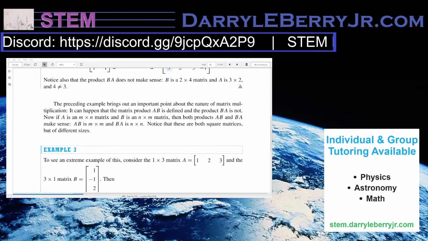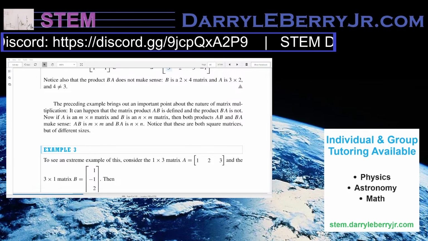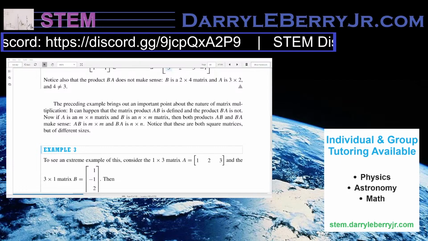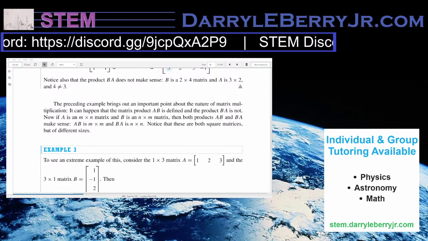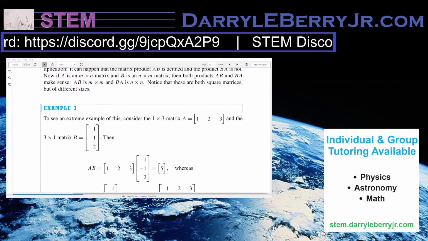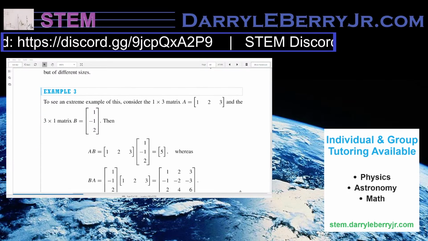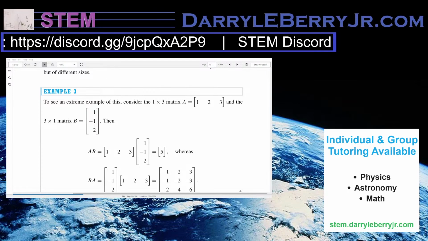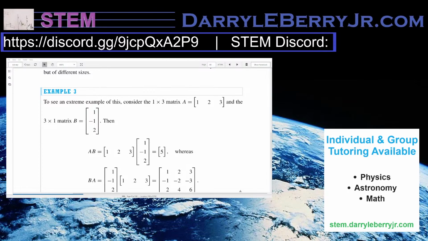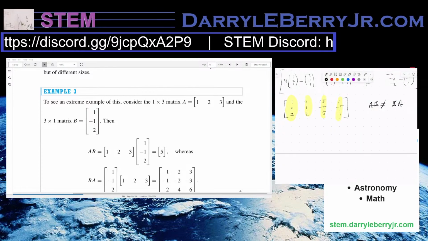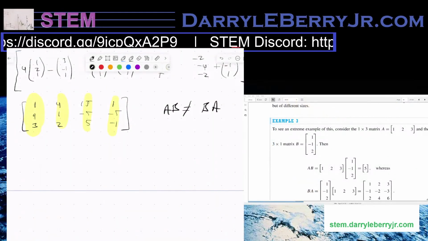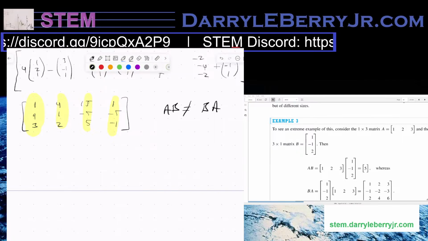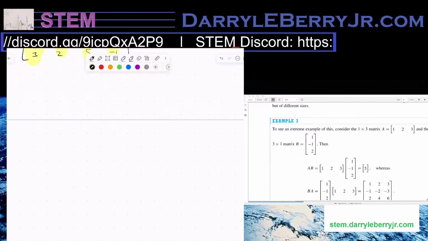Let us start with example 3. It says to see an extreme example, consider the 1 by 3 matrix.